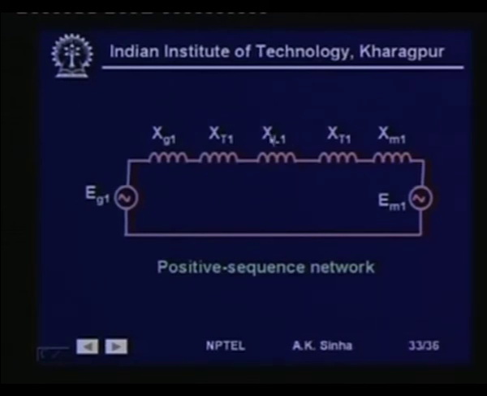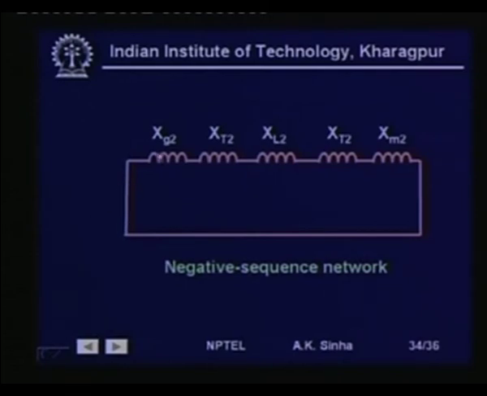Normally, as we say, resistance is neglected because it is much smaller, so I am writing only the reactances. XL1 is the positive sequence reactance of the transmission line, XT1 the positive sequence reactance of the transformer T2, and XM1 is the subtransient reactance of the synchronous motor, and EM1 is the voltage behind the reactance. So, this makes up the positive sequence network where the voltage sources EG1 and EM1 are shown.